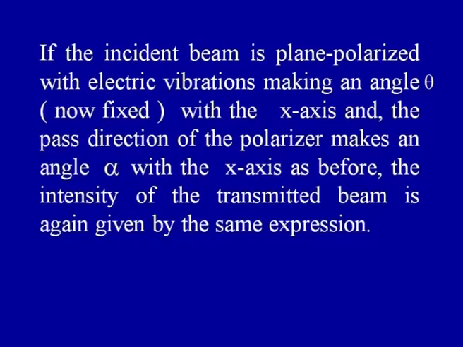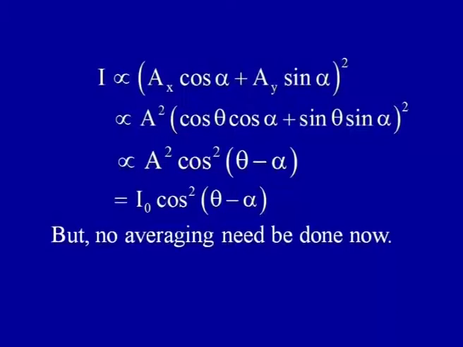If the incident beam is plane polarized with electric vibrations making an angle theta as before, but now this angle is fixed with the x axis, and the path direction of the polarizer makes an angle alpha with the x axis as before, the intensity of the transmitted beam is again given by the same expression, that is, the intensity is proportional to the square of Ax cos alpha plus Ay sin alpha, which means it is proportional to A square times cos theta cos alpha plus sin theta sin alpha squared.